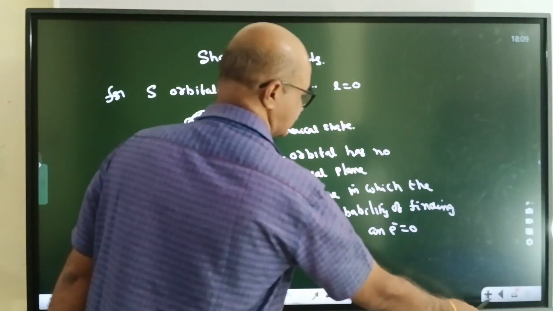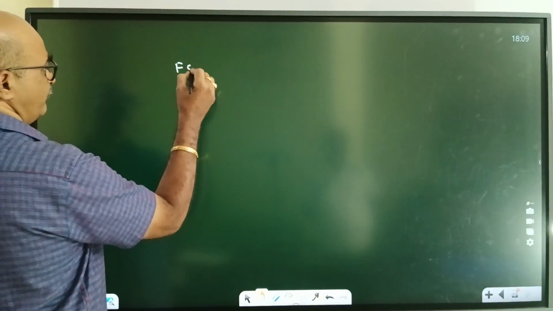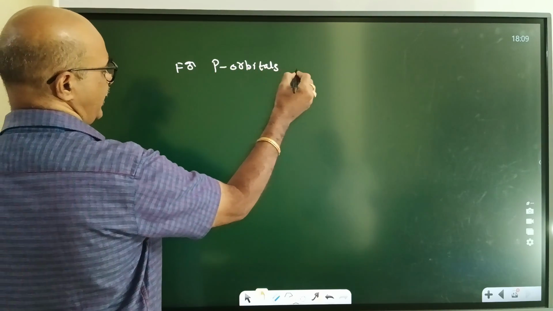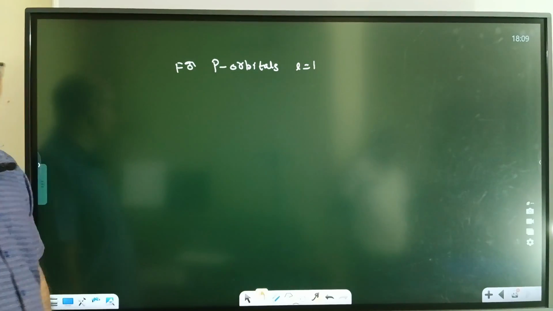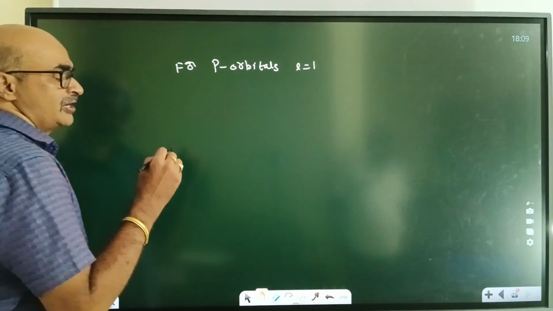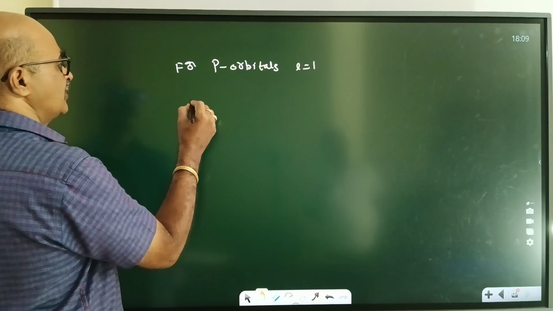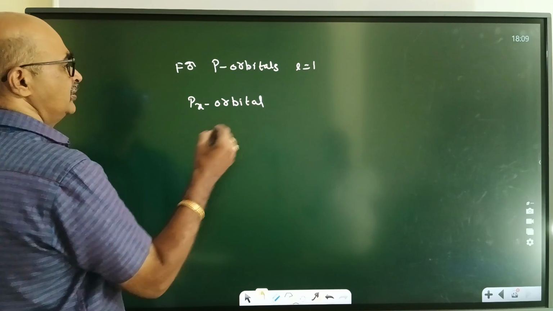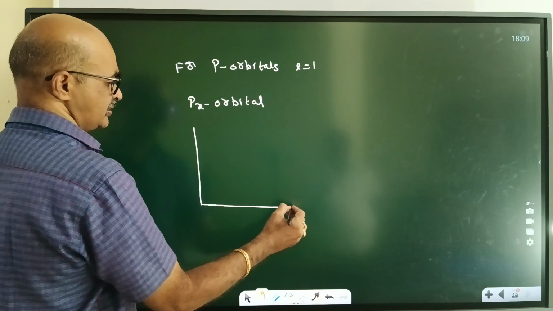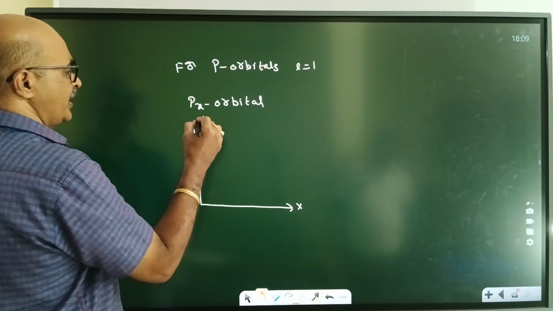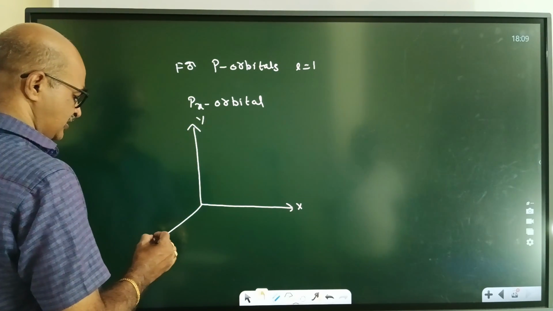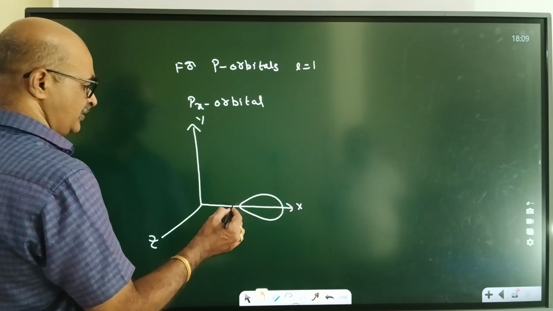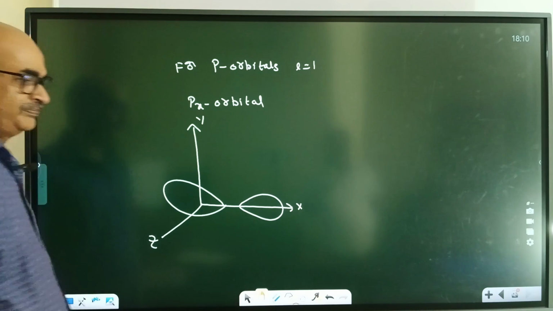For p orbitals, l is equal to 1. P orbitals have a dumbbell shape. For example, px orbital. Here, this is x-axis, this is y-axis, this is z-axis.